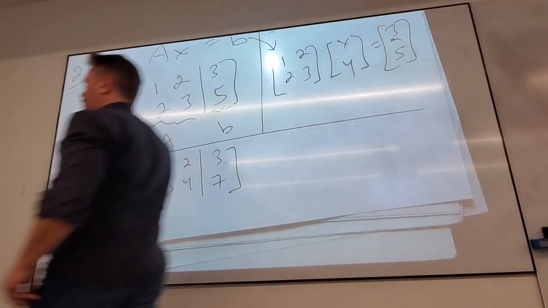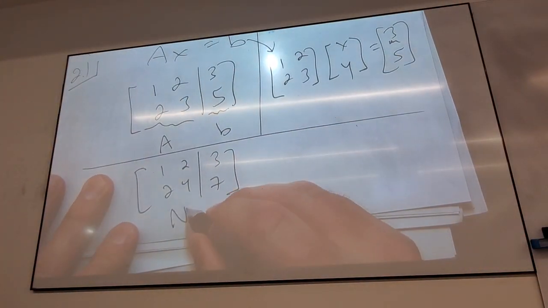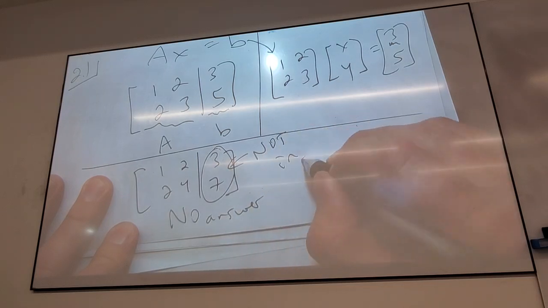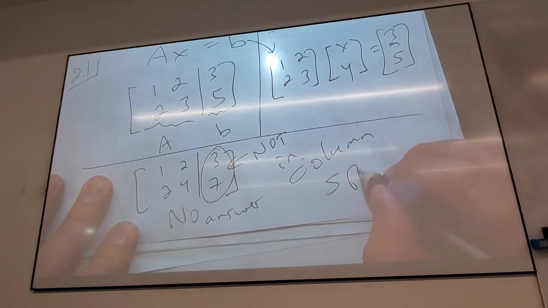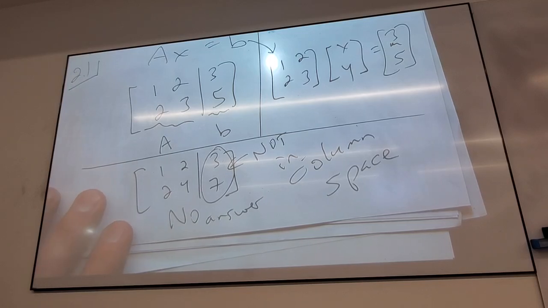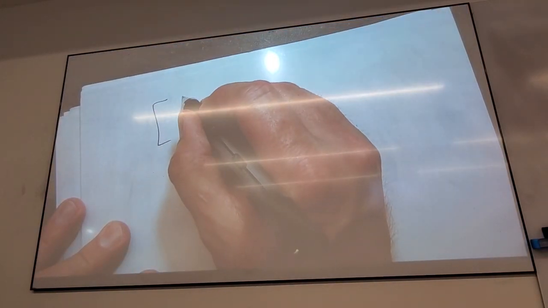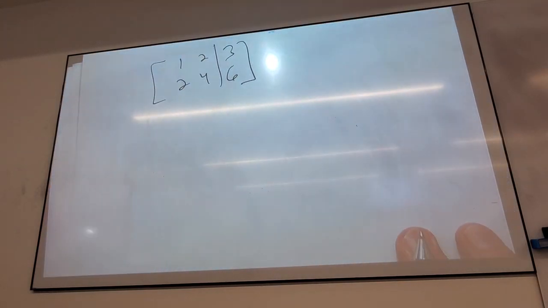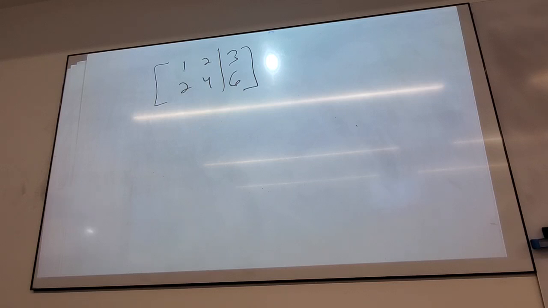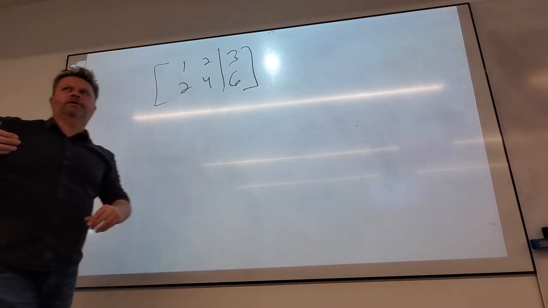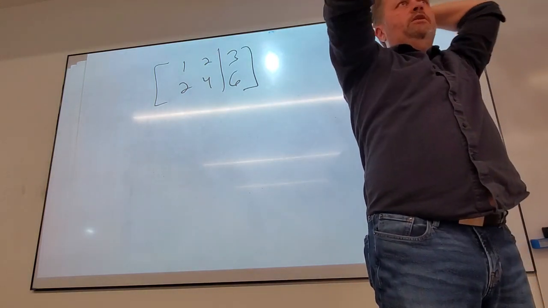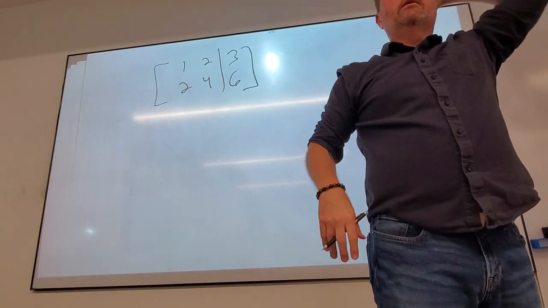So what if I had this instead? So no answer. This is not in the column space. So of course, all I can do then, I could do this. 1, 2, 2, 4, 3, 6. Does that have at least one answer? Yes. Because 3, 6 is in the column space of that. And we actually know how many answers there are.